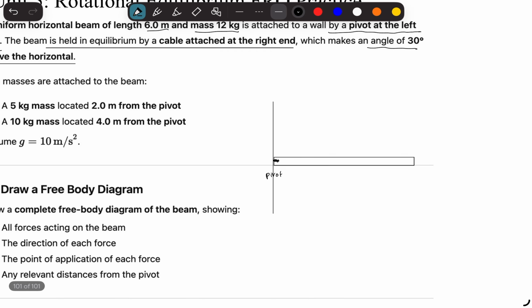The tension is at the end here, and this angle is 30 degrees. So now you can draw this out. This is also going to be 30 degrees here. So our weights are all going to be acting clockwise.